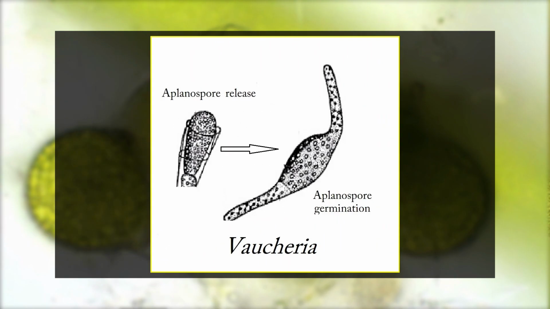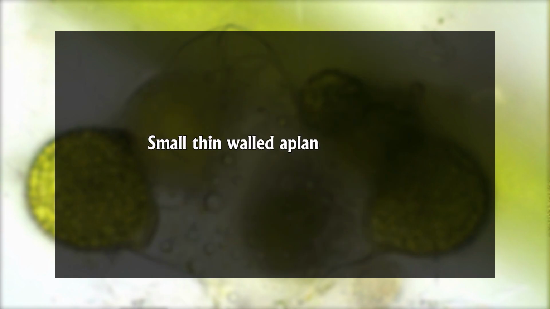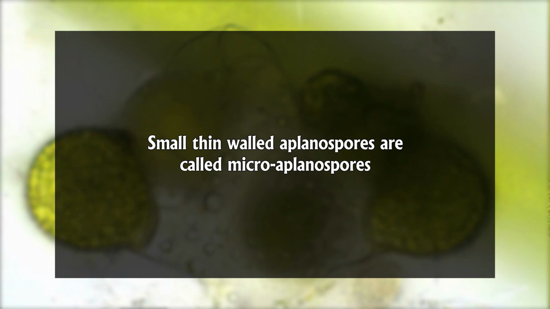Sometimes the protoplast of the aplanosporangium divides into a number of spores. These small, thin-walled aplanospores are called microaplanospores. The aplanospore or microaplanospores germinate to form a new thallus. Again here, I will mention that it is endomitosis that favors their growth.